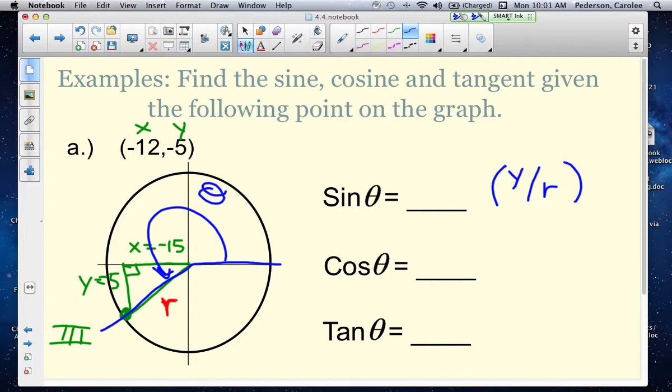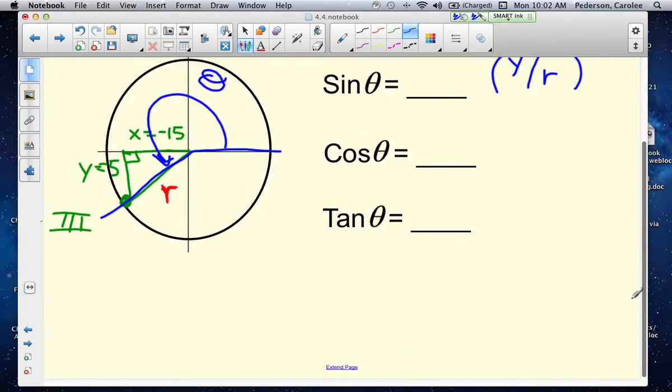We know the x and the y, we don't know the r. So how do you find the r? Pythagorean theorem. So x squared plus y squared equals r squared.